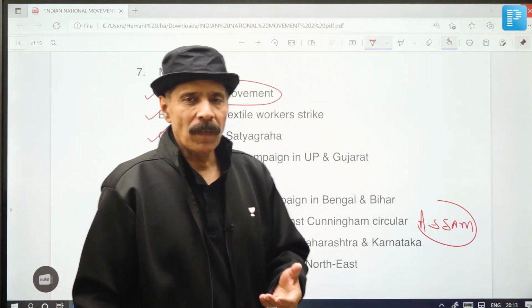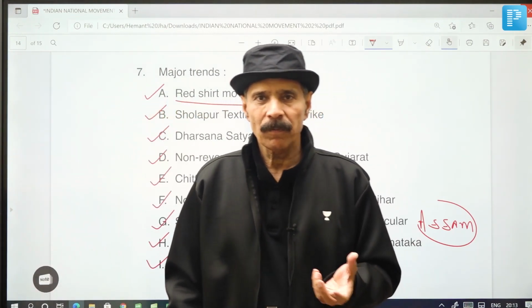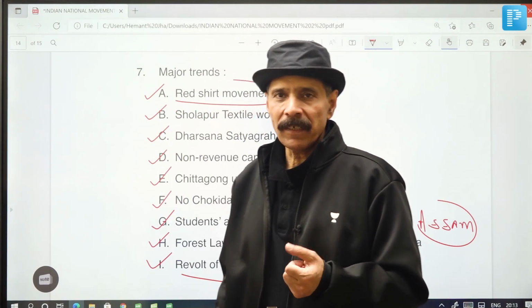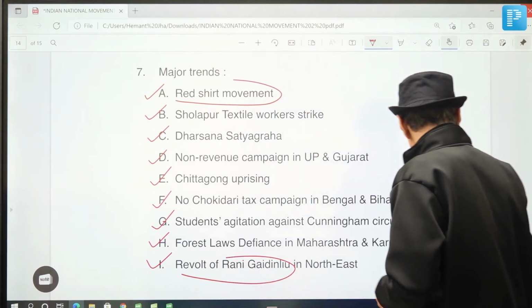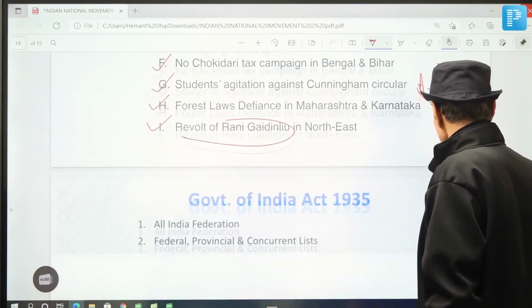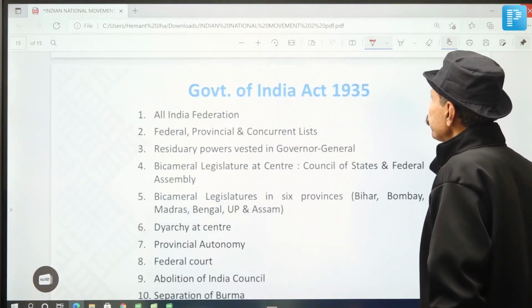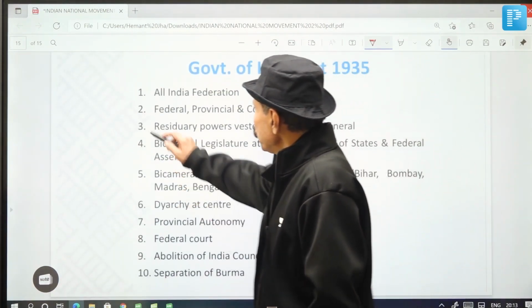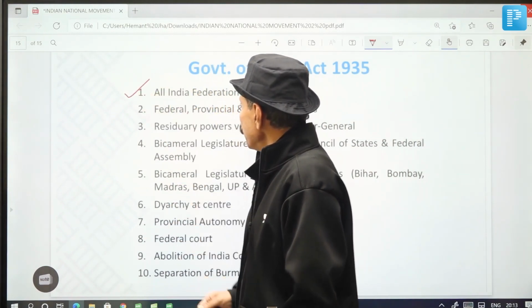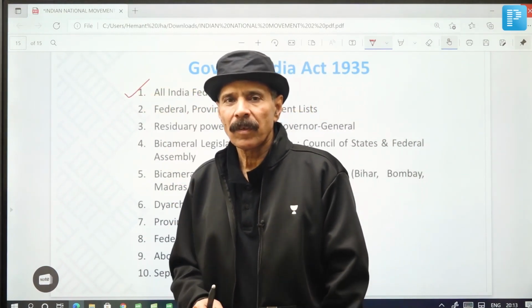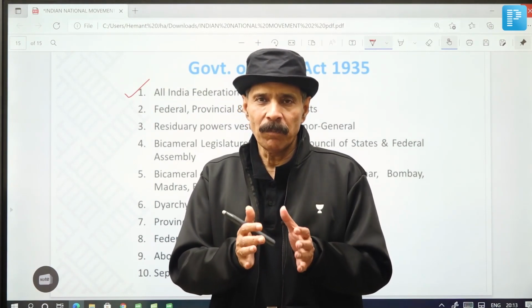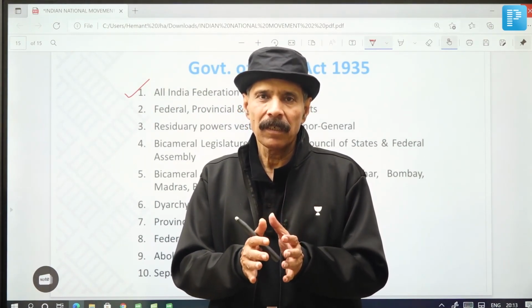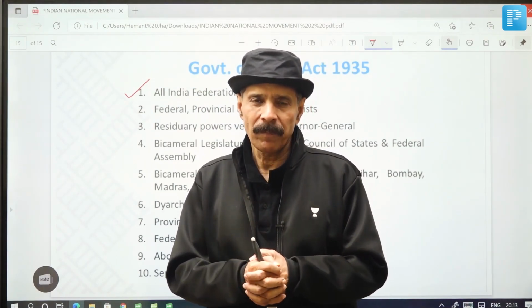Now I'm going to throw light on the major provisions of the Government of India Act 1935. First is the provision for an All India Federation, to be constituted by British India and the princely states.